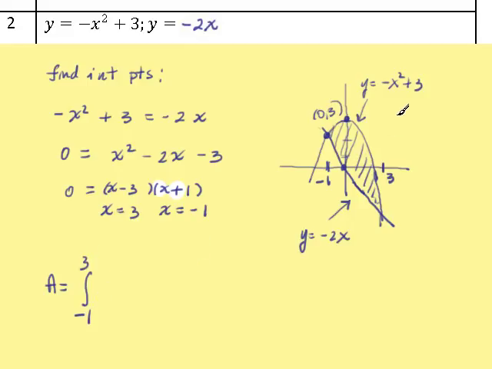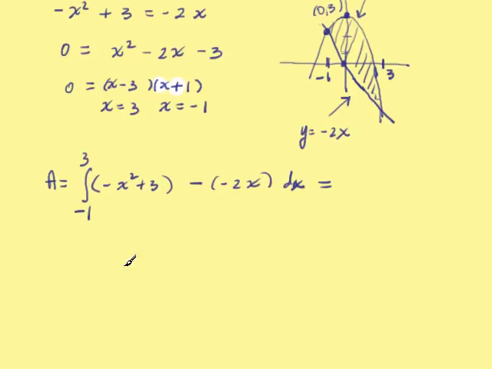And we have the upper curve minus x squared plus 3, and we're subtracting the lower curve. All right, so let's just simplify the integrand over here. We have minus x squared plus 2x plus 3.